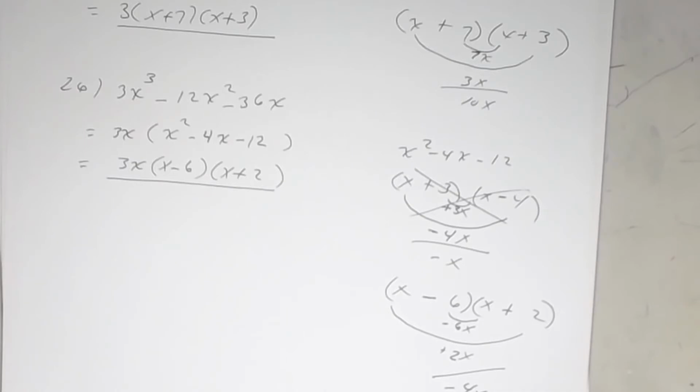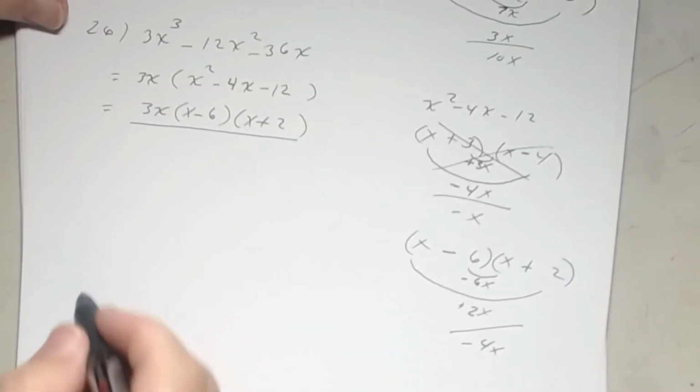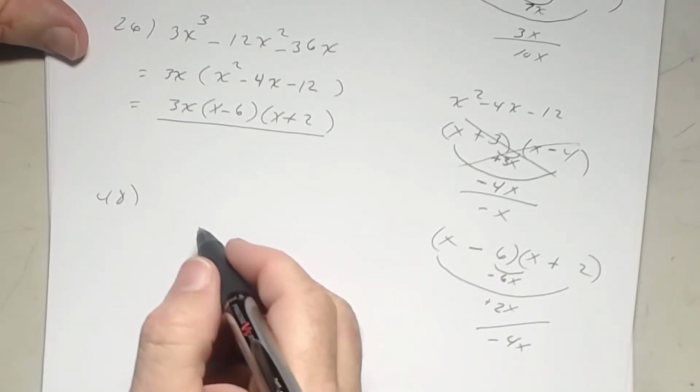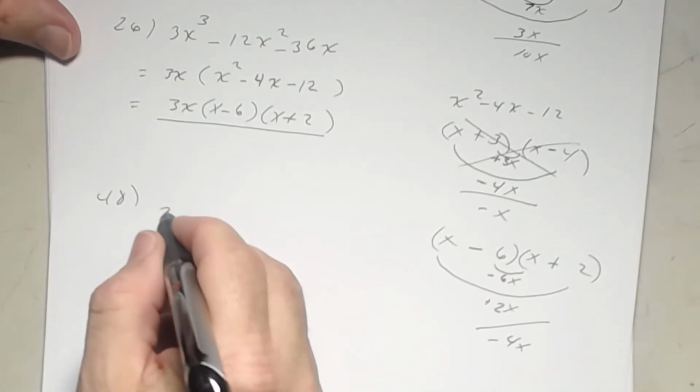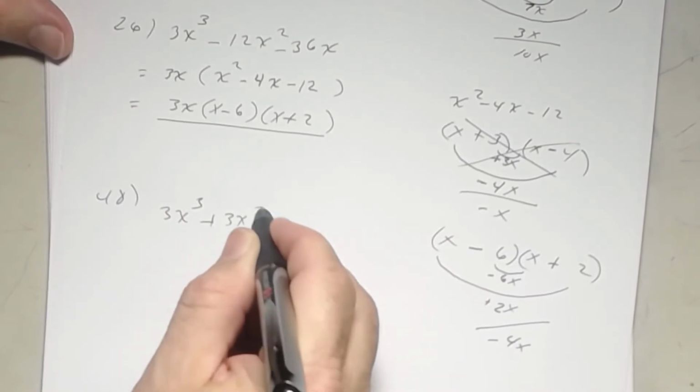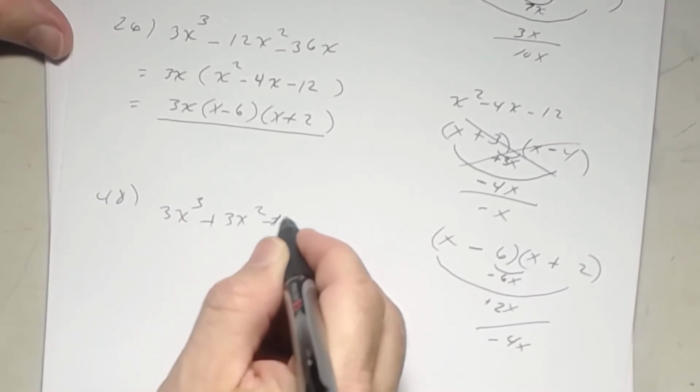All right, let's do number 48. In 48, you have 3x cubed plus 3x squared minus 126x.